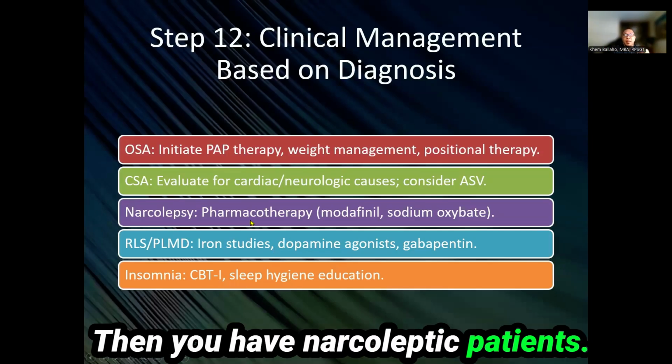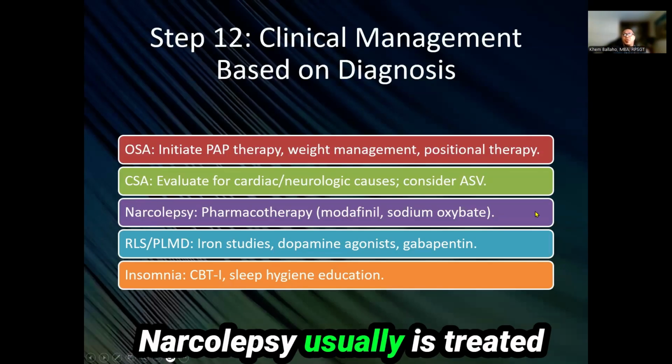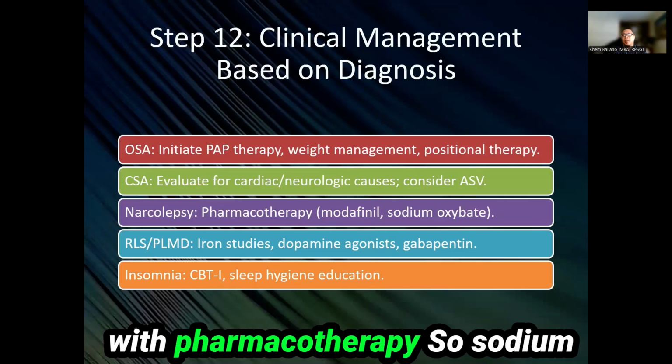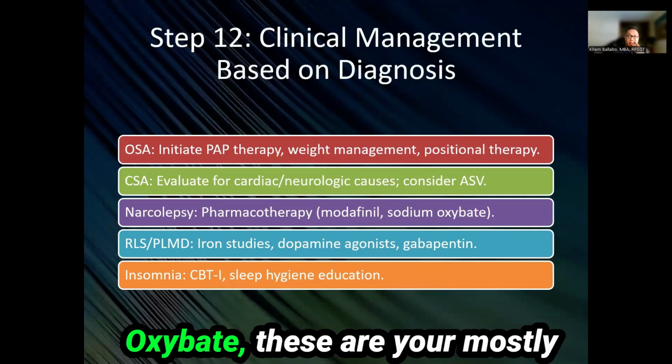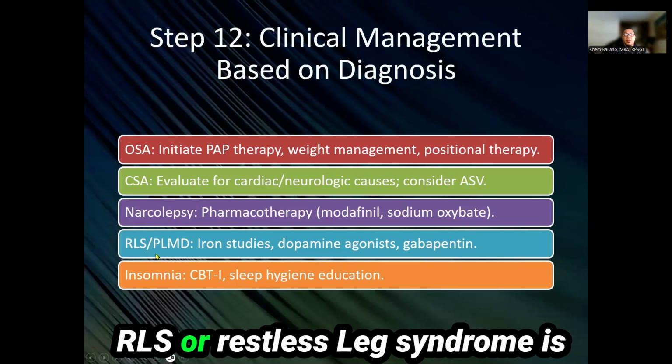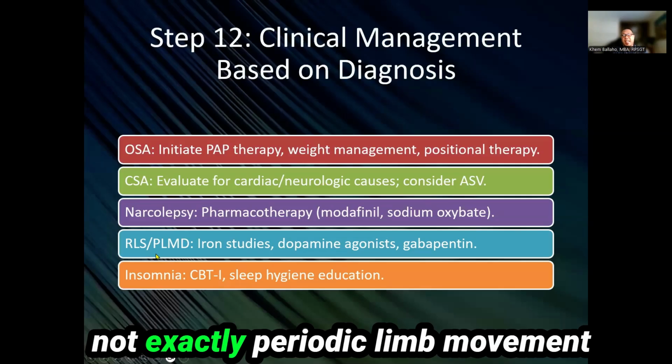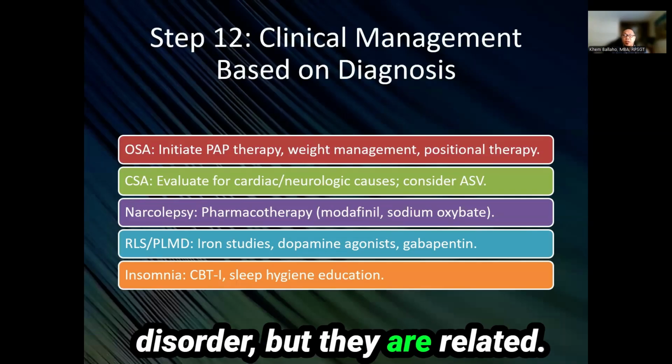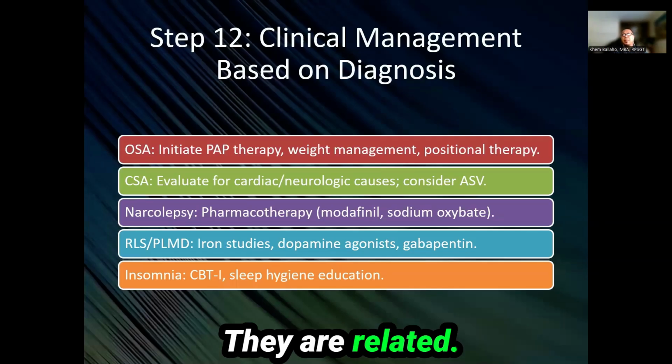Then you have narcoleptic patients. Narcolepsy usually is treated with pharmacotherapy, Modafinil and sodium oxybate. These are your mostly used medications for narcolepsy. RLS or restless leg syndrome is not exactly periodic limb movement disorder, but they are related.